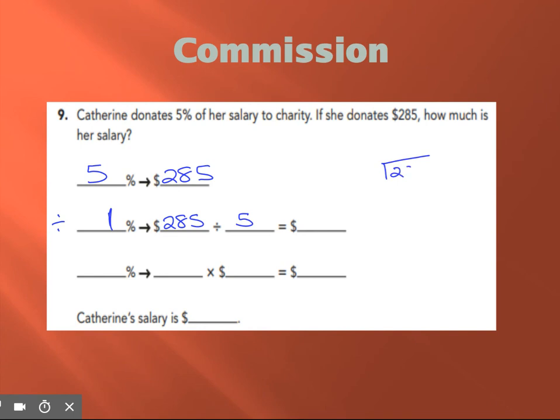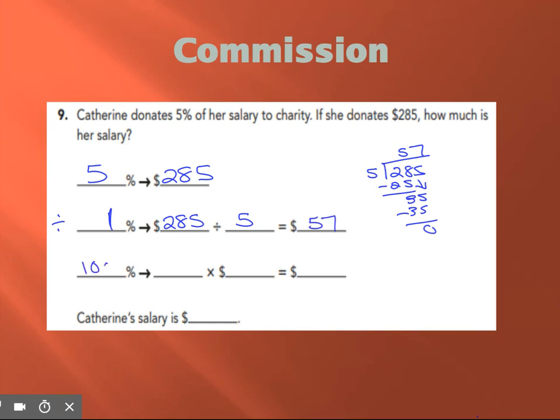So to figure that out, I'm going to do my long division. 5 goes into 28 5 times. Bring that down. 5 goes into 35 7 times. And because I'm left at 0, I'm done. So 1% is $57.